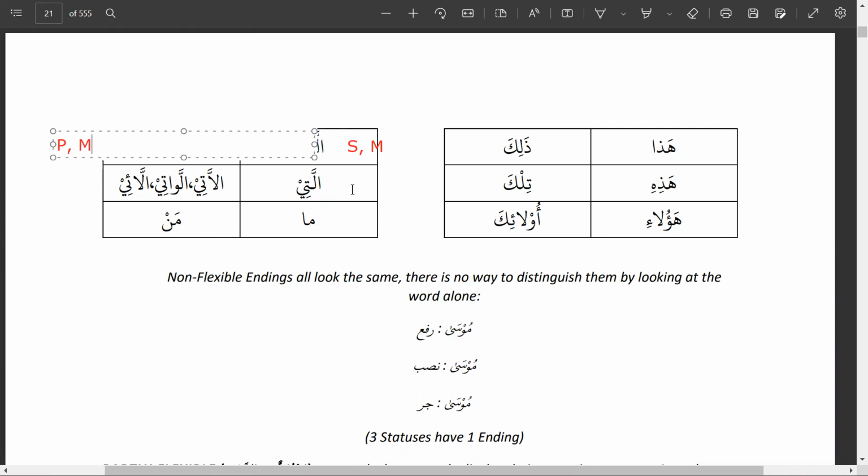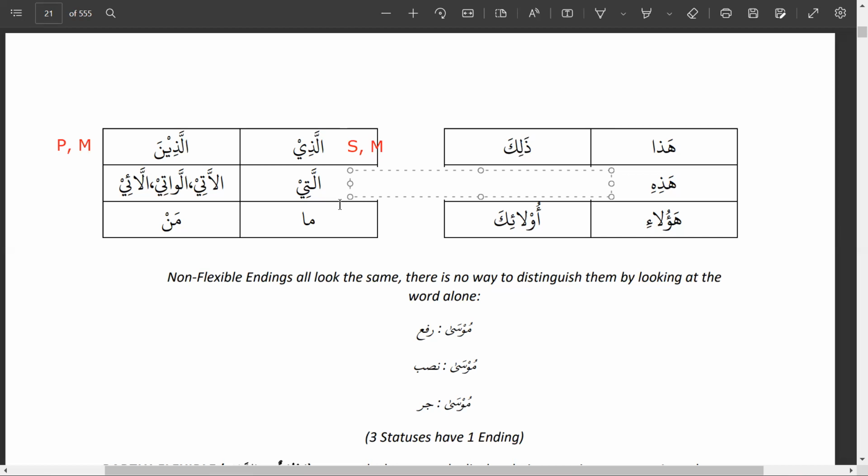Allati means the one who, and it's about female. Okay. Allati, if you are talking about a girl, then allati. If you are talking about a boy or a masculine ism, then allazi. And if someone is talking about a girl, then they are going to use allati for that girl or feminine ism.